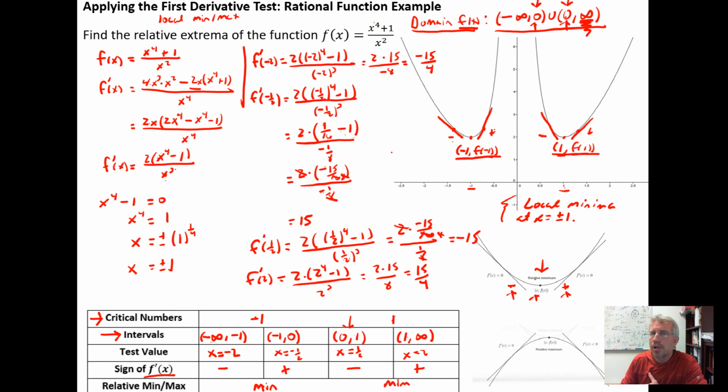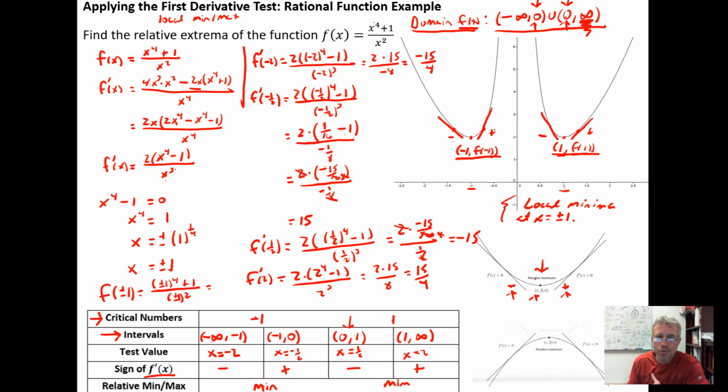And notice, just as an aside, if you plug ±1 in there, so let's say we did f of ±1 and dump it into the function, we've got ±1 to the 4th power plus 1 over ±1 squared. Well, because we've got a 4th power and a squaring, the 4th power and the squaring are going to kill the negative.